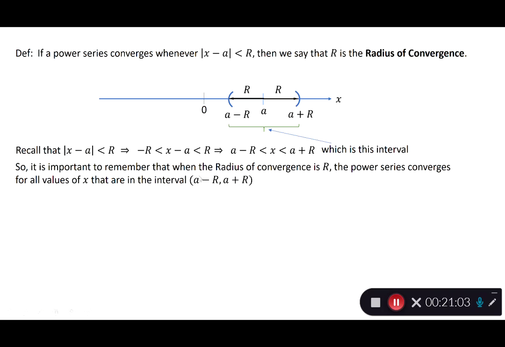Had the endpoints been included, we would have made this left parenthesis into what? Yep, you guessed it, a square bracket. Similarly, the right point a plus r is not included, and so we do not make it into a square bracket. As simple as that.